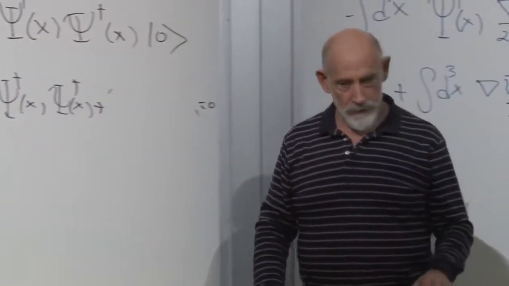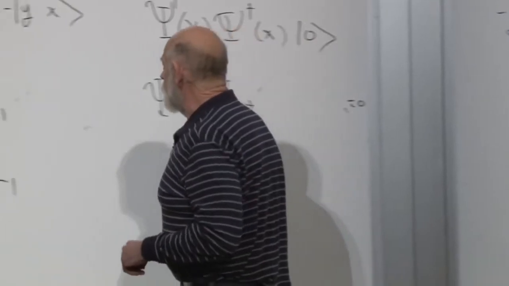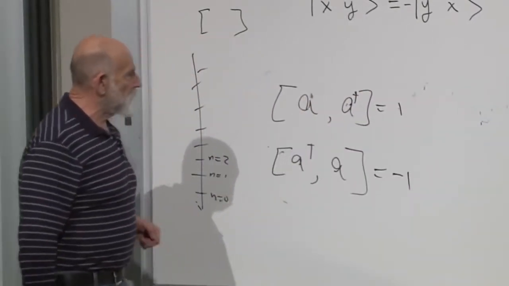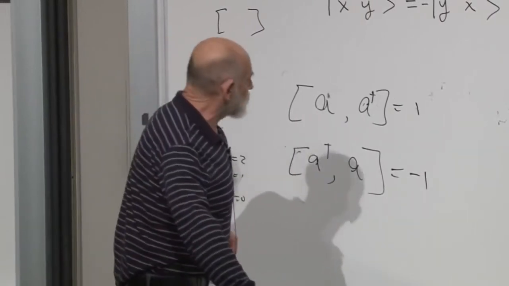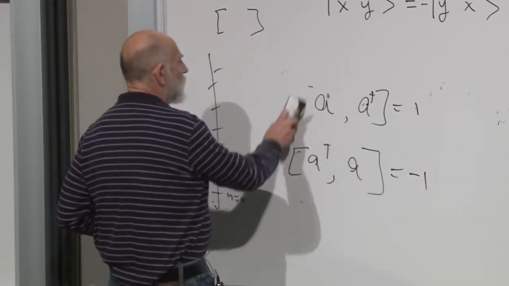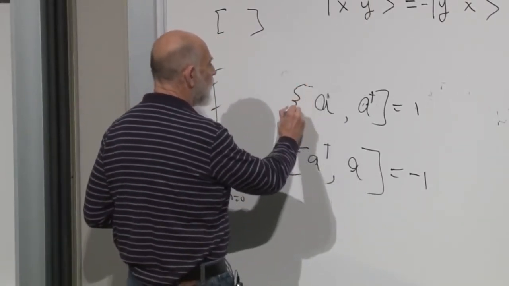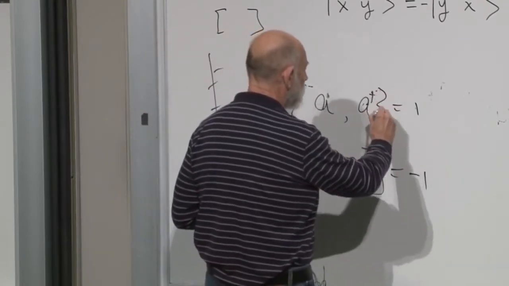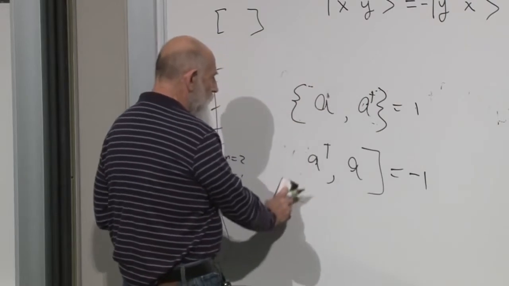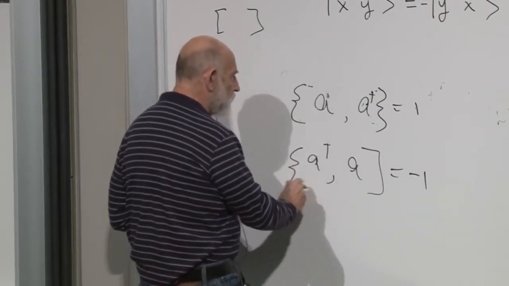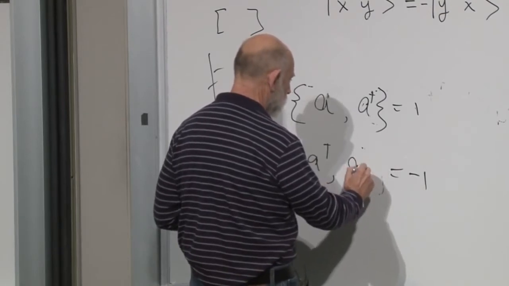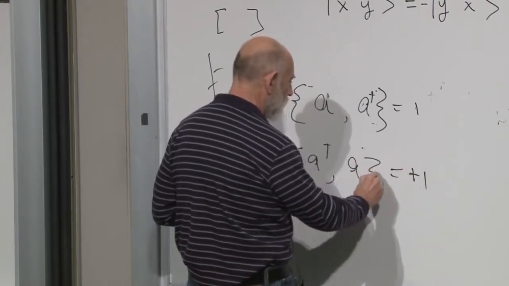Okay, what about fermions? Now you look at the fermion operators. They also have creation and annihilation operators. The difference, though, is that you have anticommutation relations for fermions. You can create a fermion, and the anticommutator is +1.